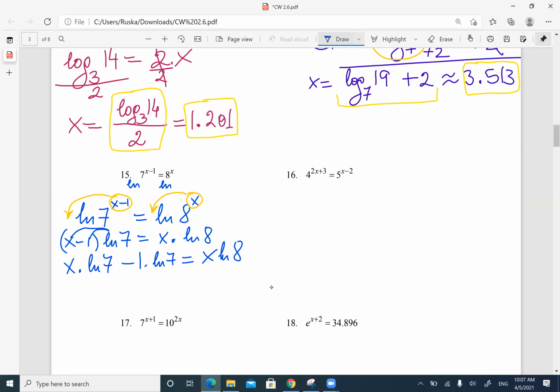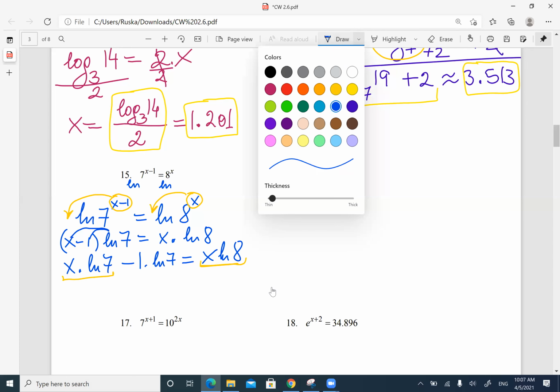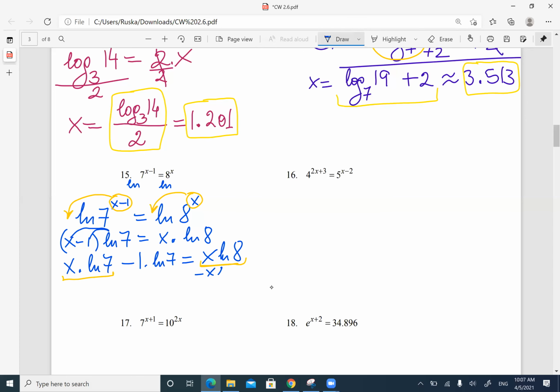Now from here we're going to get x and x on the same side. This is one term with x and this is another term with x. So I'm going to subtract x ln 8 from both sides, and also add ln 7 to move it over. So this cancels and this cancels, right? What is left is x ln 7 minus x ln 8.